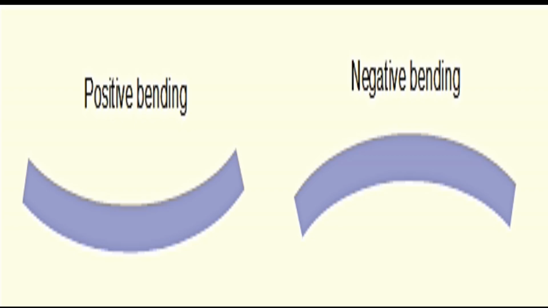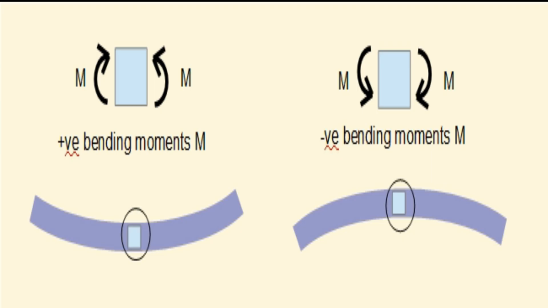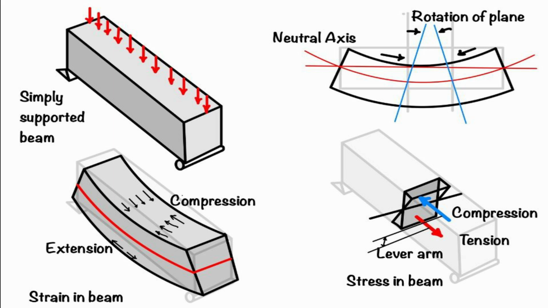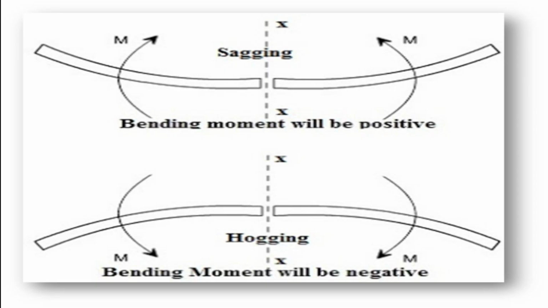In sagging, the top portion of the beam is in compression, while the bottom portion of the beam is in tension. When a beam bends upward in the middle, it forms a hogging shape. Hogging bending moments are considered negative. Hogging commonly occurs where there are fixed supports and in continuous beams.